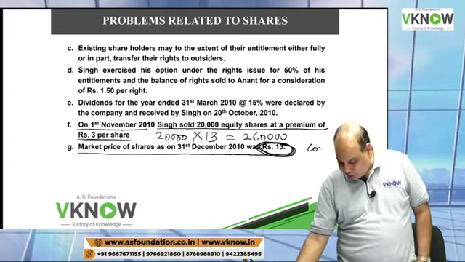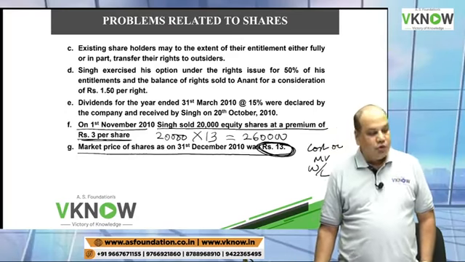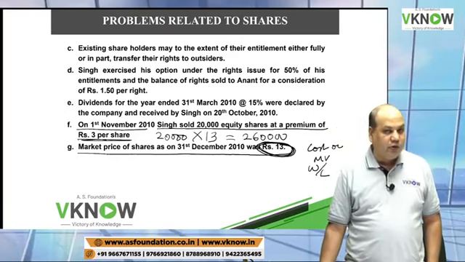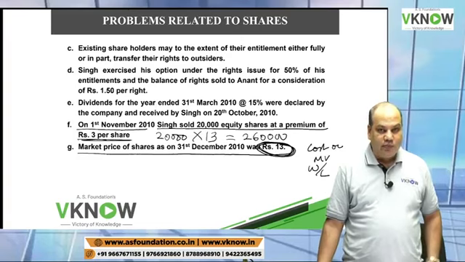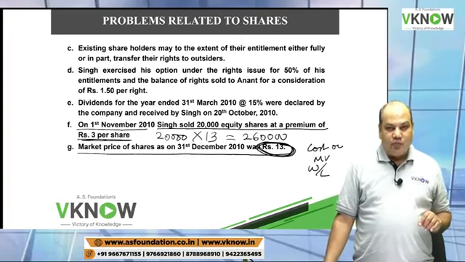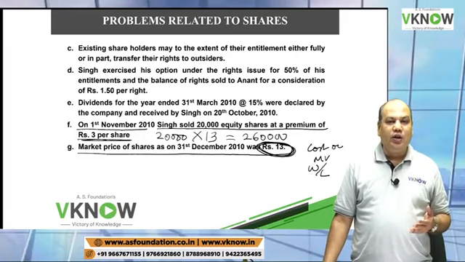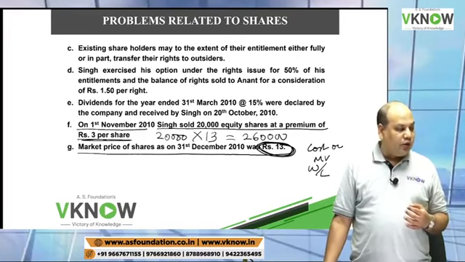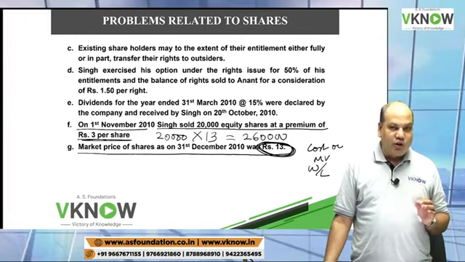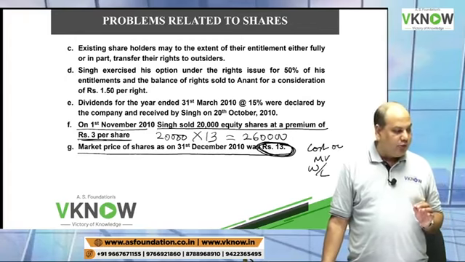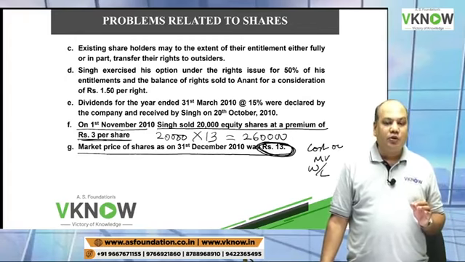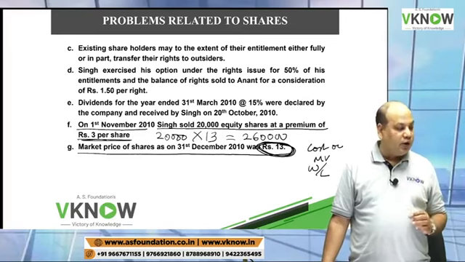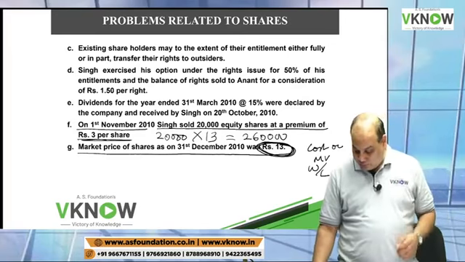So we will apply here cost or market value, whichever is lower, because in this question, it is not given any hint that these are long-term investments. So if no hint is given, apply the general formula, that is cost or market value, whichever is lower.